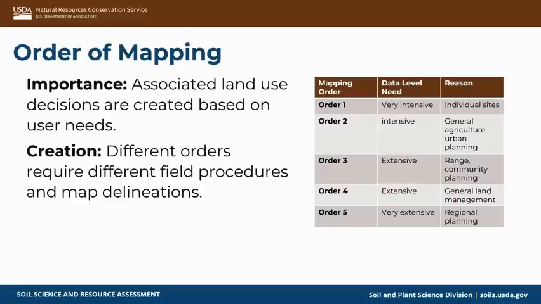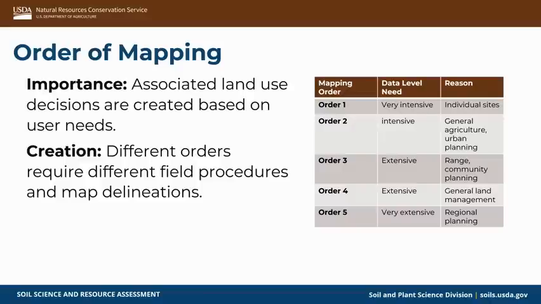Another important aspect of soil mapping to understand is the overall order. Soil mapping can occur at very intensive scales as well as more relaxed, very extensive scales. These range from order 1, which is very intensive, to order 5, which is very extensive. This depends solely on the land use decisions needed for specific user needs.